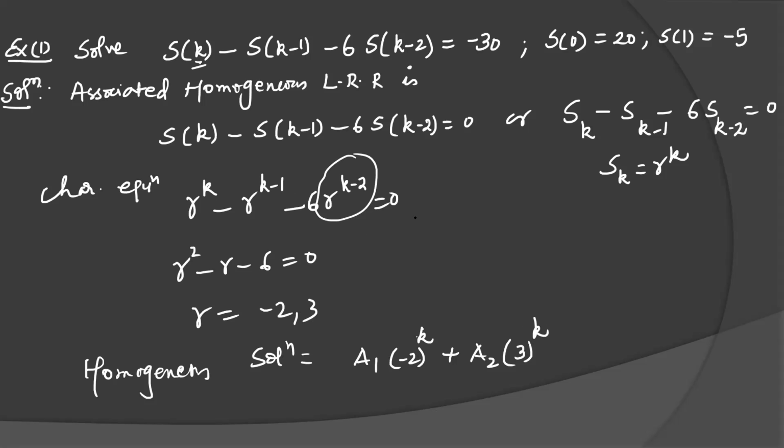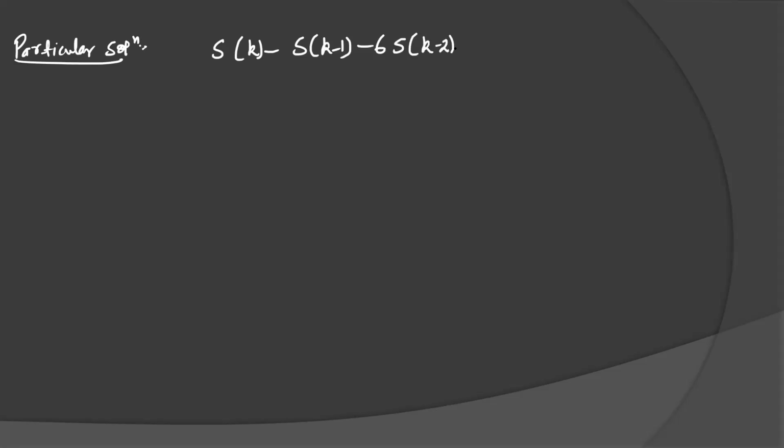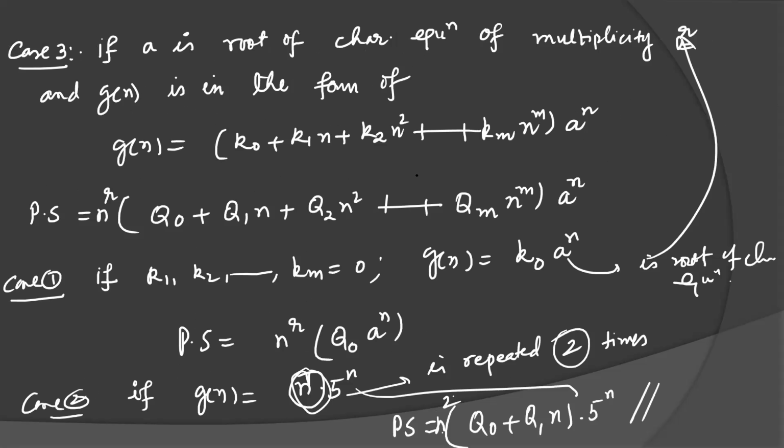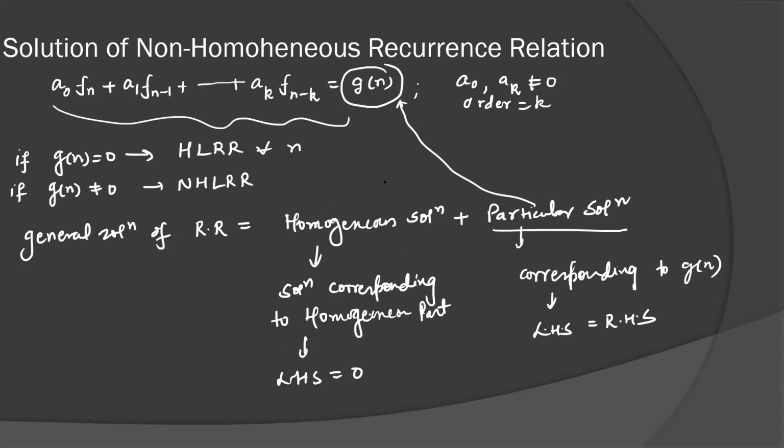Now our aim is to find the particular solution. As we can see, the given equation is s_k minus s_(k-1) minus 6 s_(k-2) equal to minus 30. Comparing with the right-hand side, g_k is minus 30 here. Why am I writing g_k? Because we took g_n previously in the variable n, but the recurrence relation is given in k.